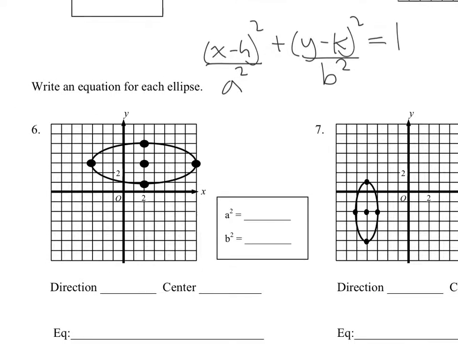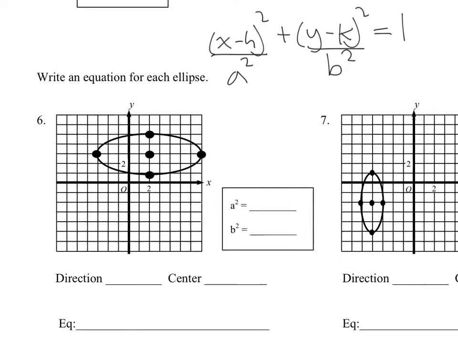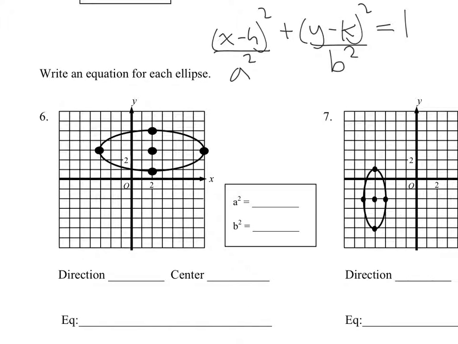So let's go ahead and answer then. If from my center to each side here, if I count 1, 2, 3, 4, 5, okay, that tells us that our a is equal to 5. So a is equal to 5. Therefore, a squared is 25.